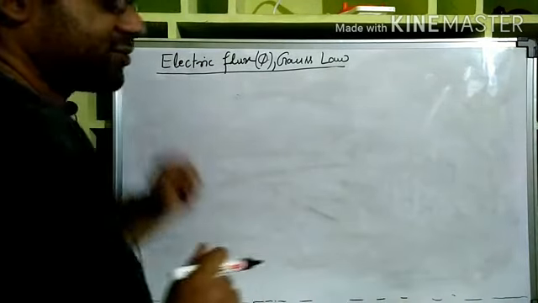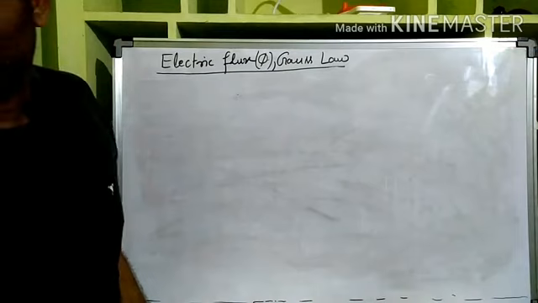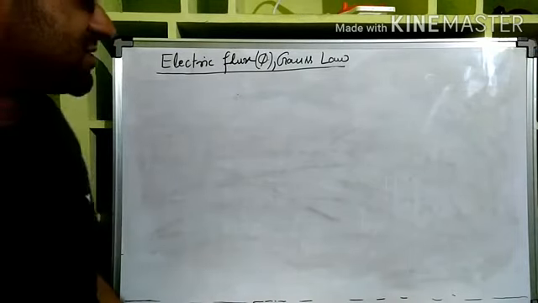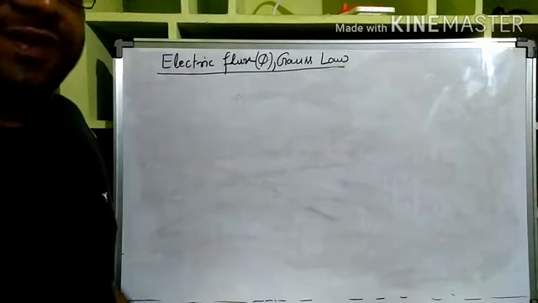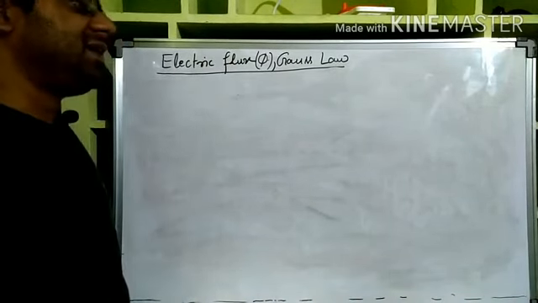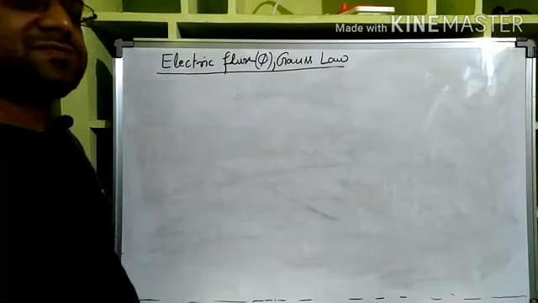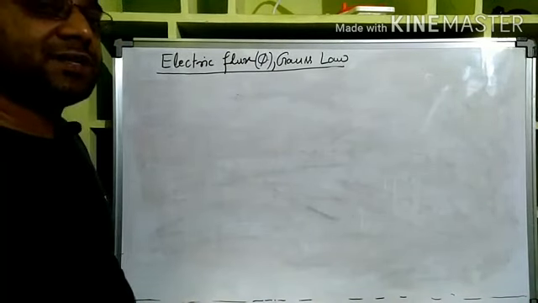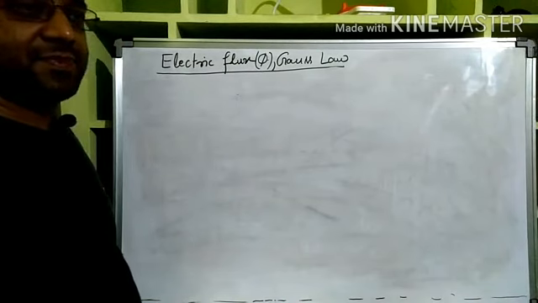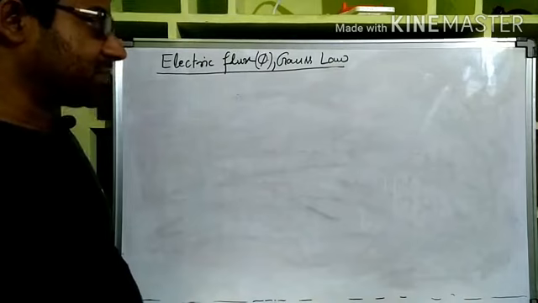Gauss law of electrostatics says that the total flux over a closed surface is equal to 1 by epsilon naught times the charge enclosed by the closed surface, considering that the charge is taken in a vacuum.